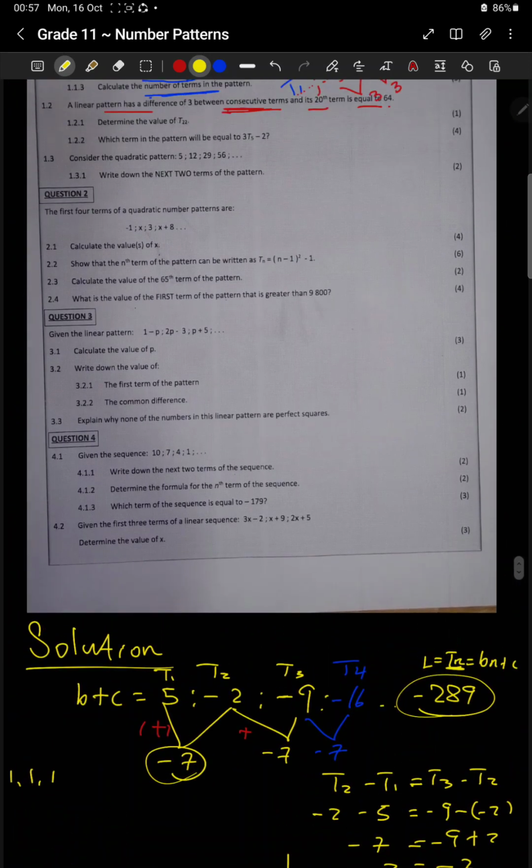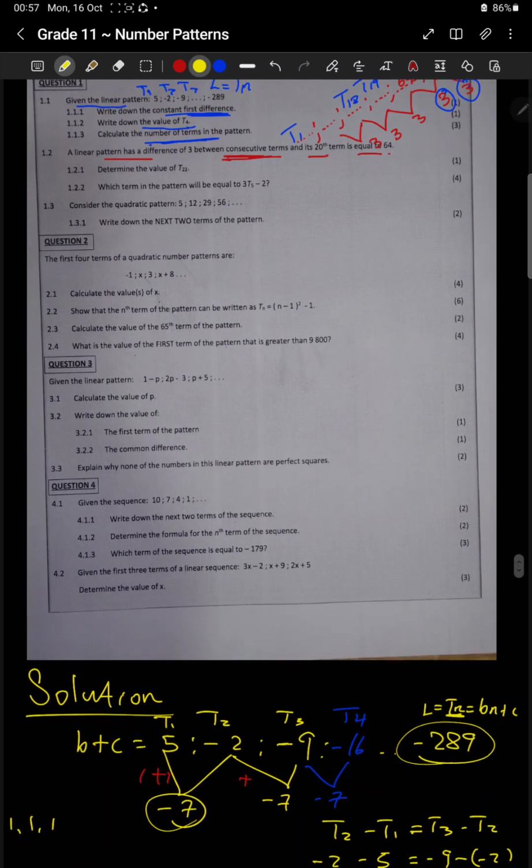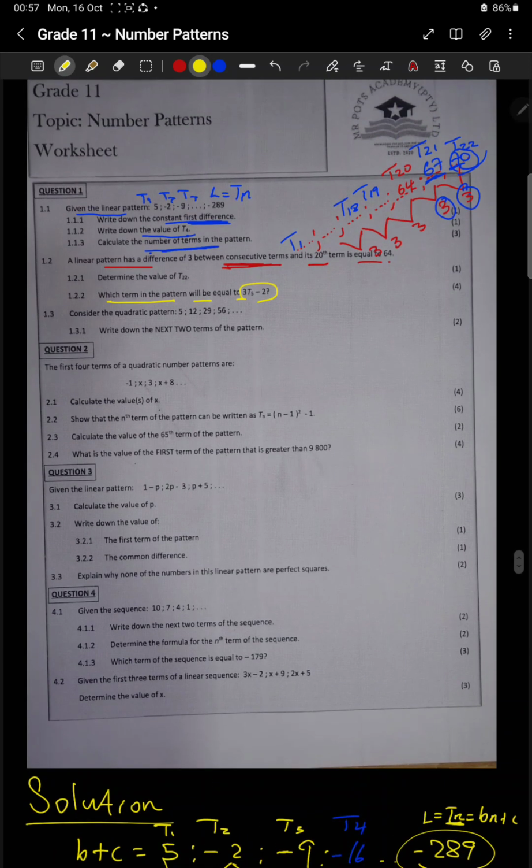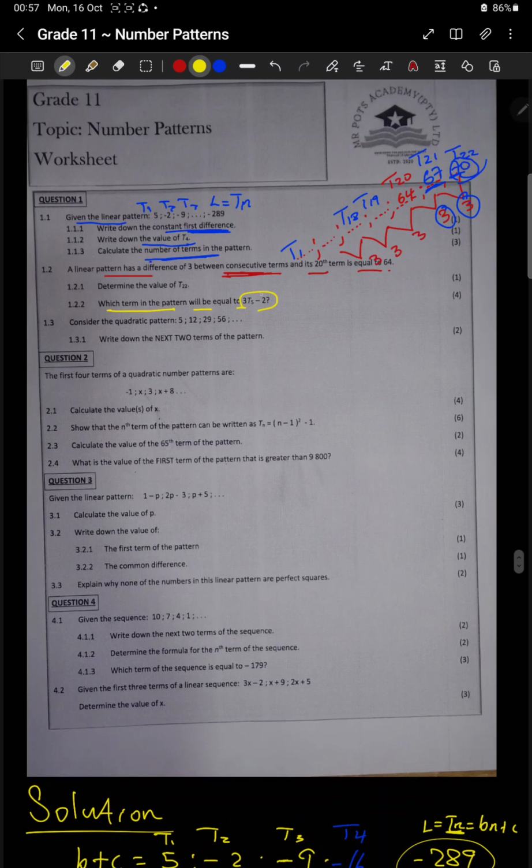And then we go to the next one, which is 1.2.2. They say which term in the pattern will be equal to this value. So usually we used to be given a number when they say which term. Maybe we are given 64 or maybe 84, and then we're looking for n, the value of n usually.